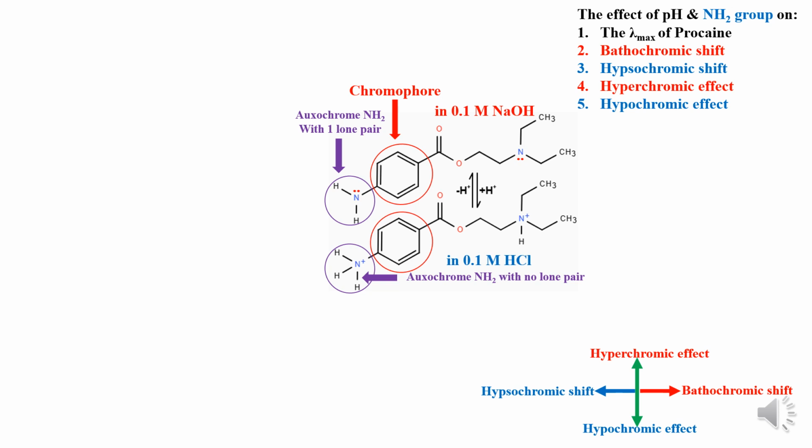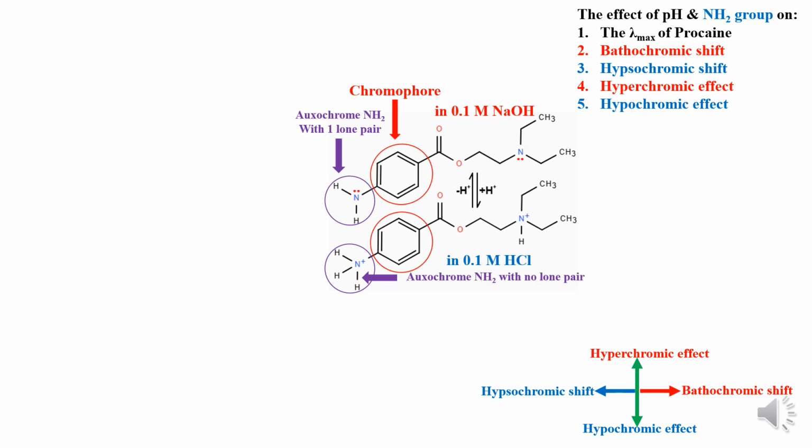Now let's study the structure of the procaine drug molecule, both under acidic as well as basic condition. Now the procaine molecule has a chromophore in the form of benzene ring, and an auxochrome is directly linked to the benzene ring by covalent bond.